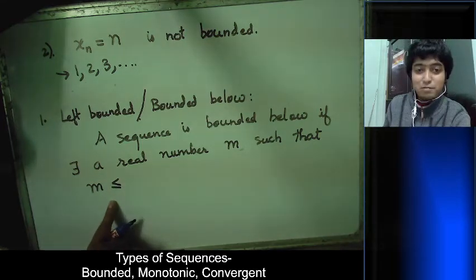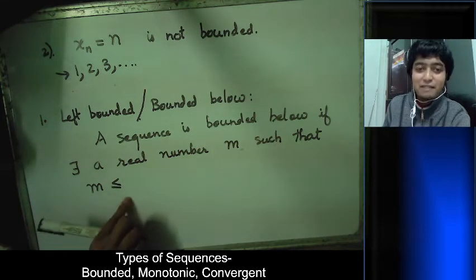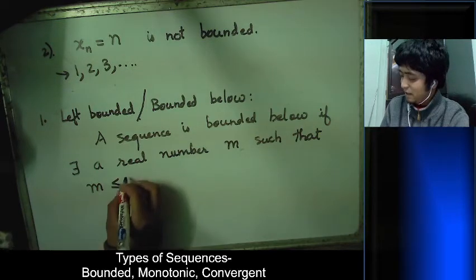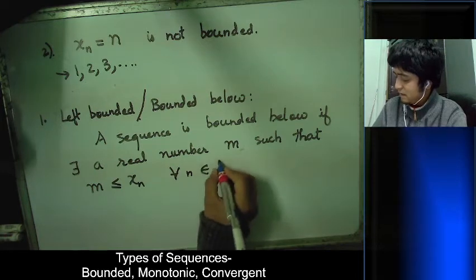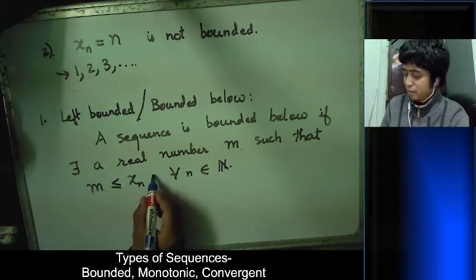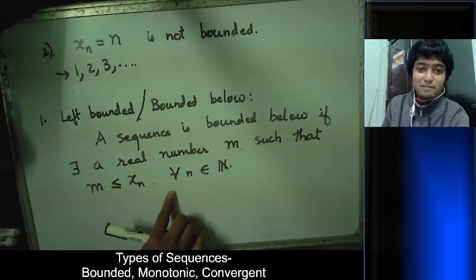It is bounded below, so that is why we will only have the left side of the inequality. We won't have another term on the right side.